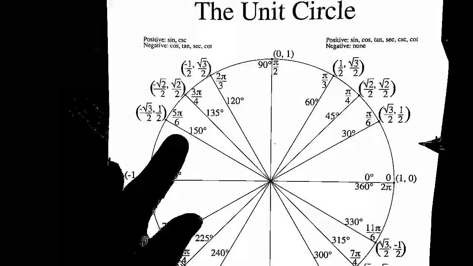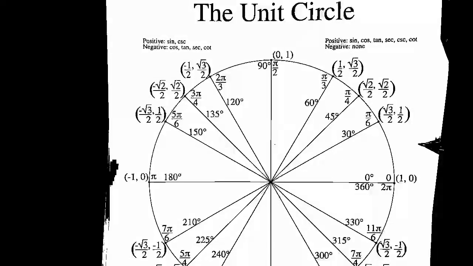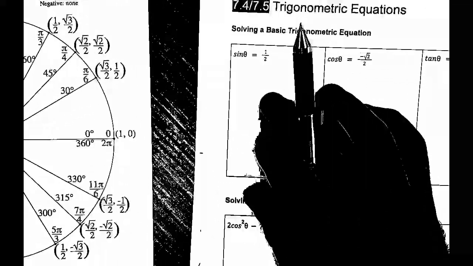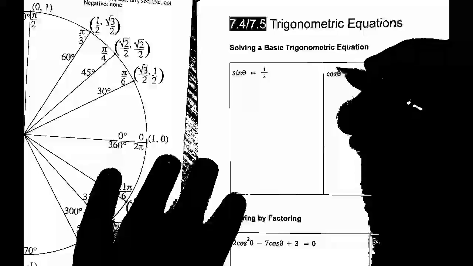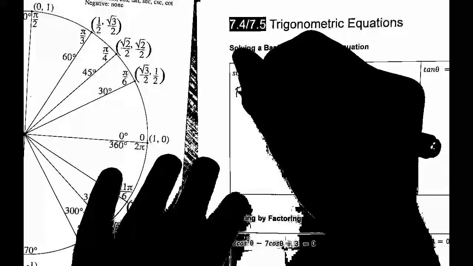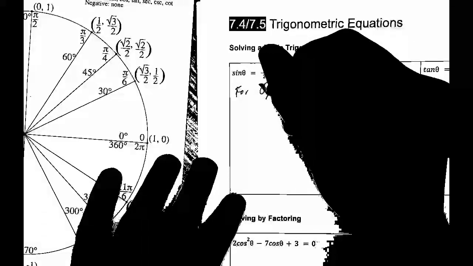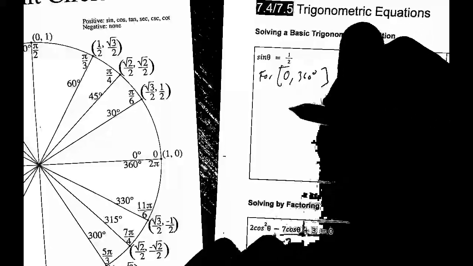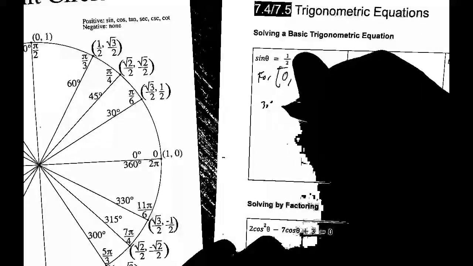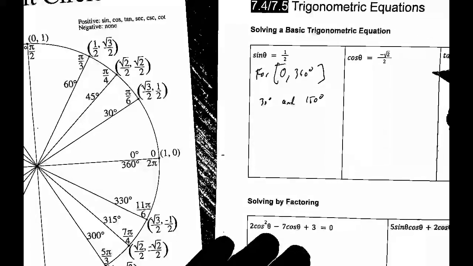And generally speaking, when we solve these, it will give you a range restriction. So it might say 0 to 360 degrees, right? It might say that, in which case you would say the answer is 30 degrees and 150 degrees. Okay.